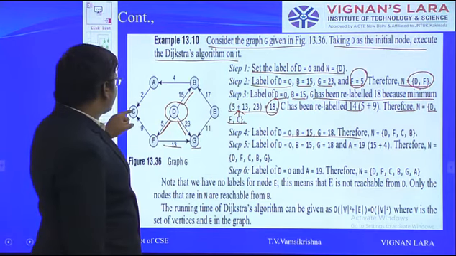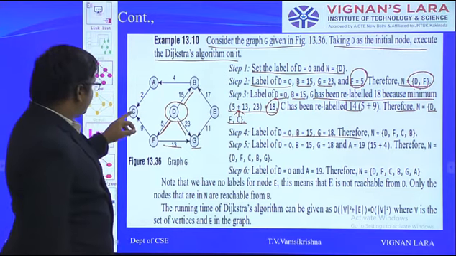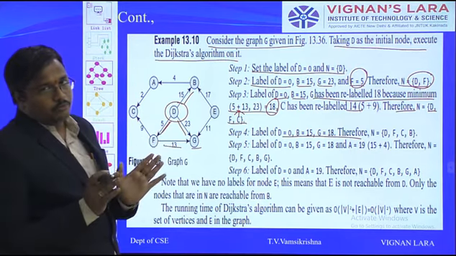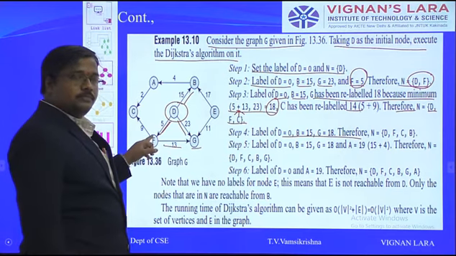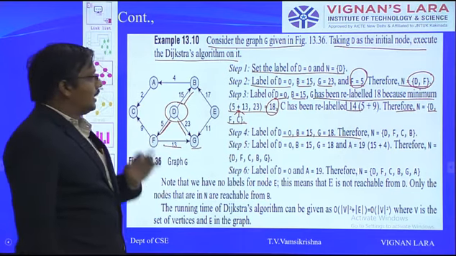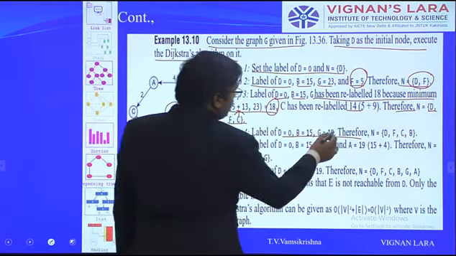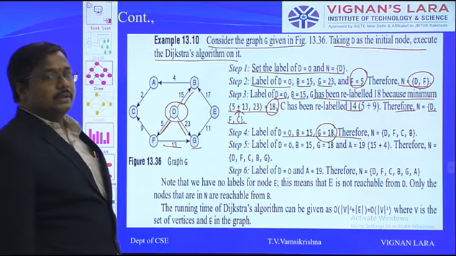Is there any path from C to something? No. F also reaches C, A also reaches C, which means this is a blocking point. So we need to check again back from F and select the next one, which is G. That's why G is mentioned as 18.